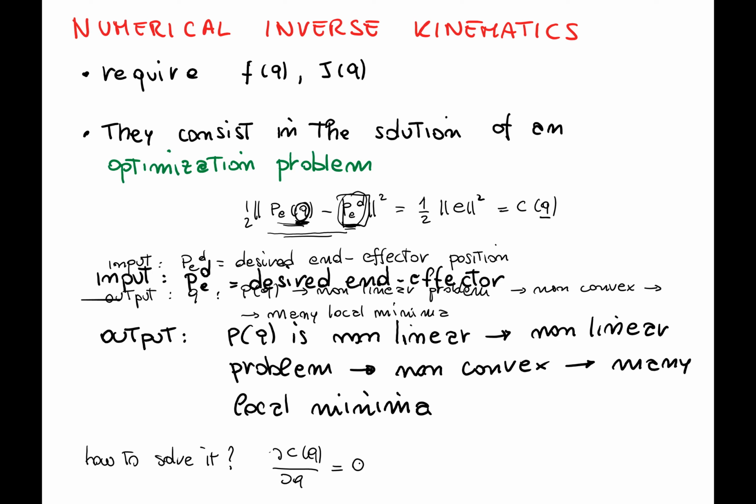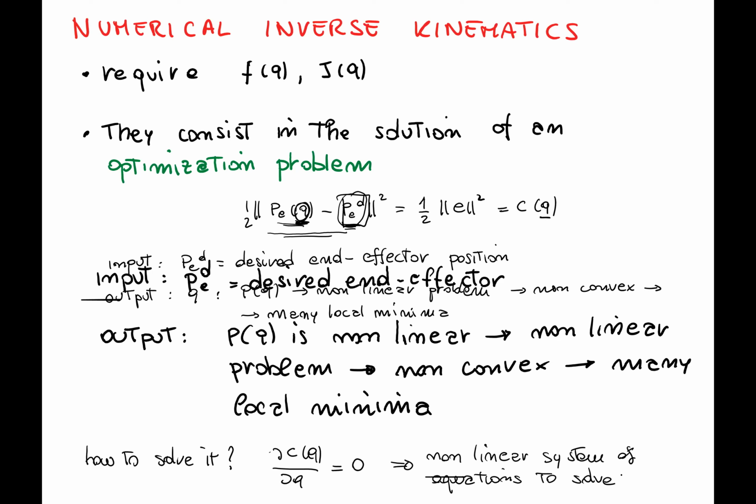We don't care. We have this necessary condition that the gradient should be 0. So in essence, this is a nonlinear system of equations that we need to solve to find that the point is either a minimum or a maximum.